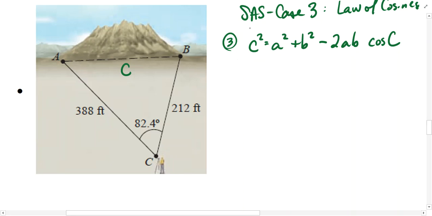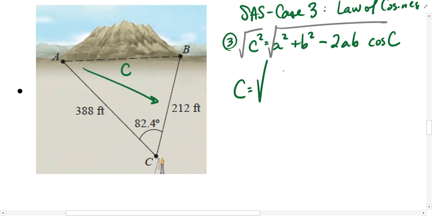Now, before I start substituting values in, I might notice that if I'm solving for side length C, this lowercase letter c, then I could take the square root of both sides of the equation and isolate side length c in one step. So that's what I'm going to do here. Lowercase letter c is equal to the square root of a squared.